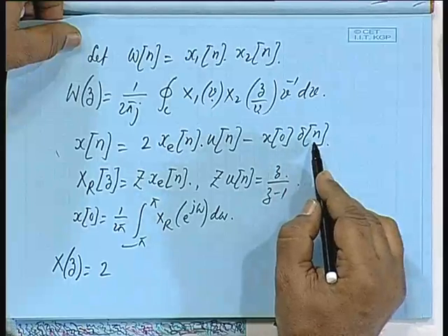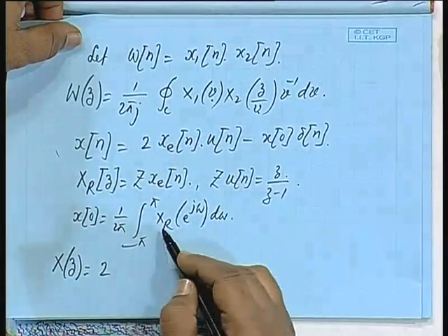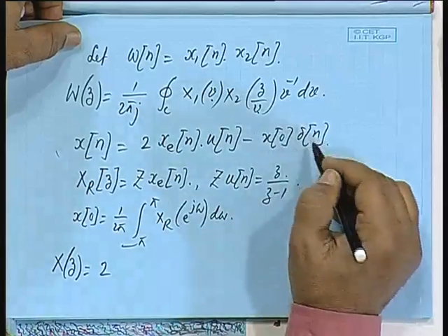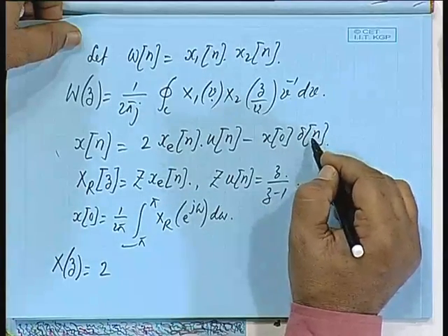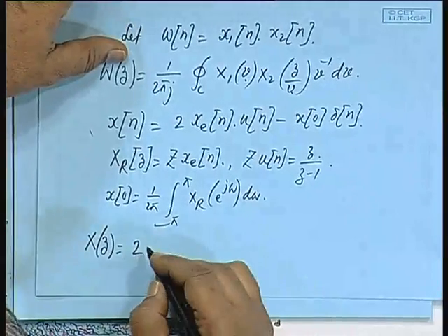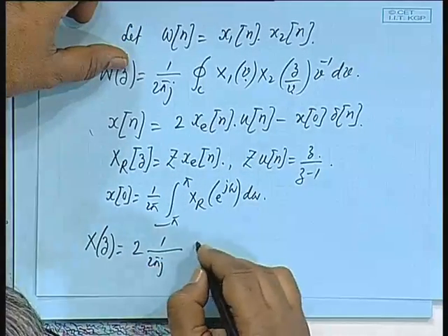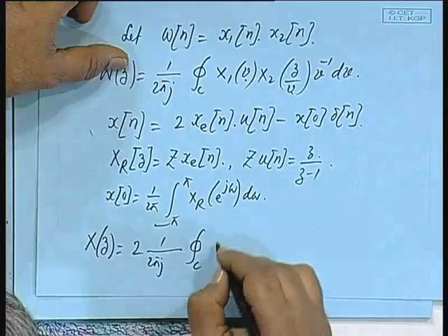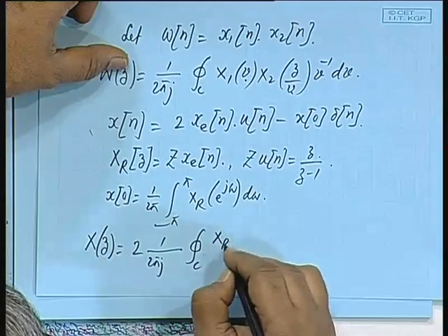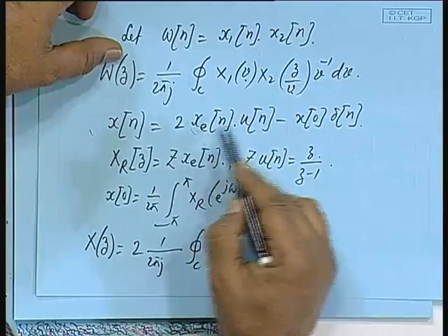Similarly, x[0] times delta[n], x[0] is a constant which is known, and the Z transform of this is 1. So, X(z) will be 2 into 1 by 2 pi j, this is x1, this is x2.